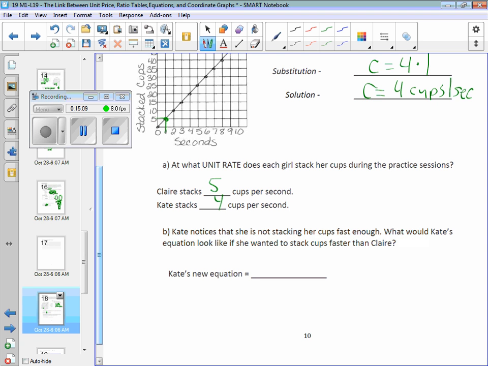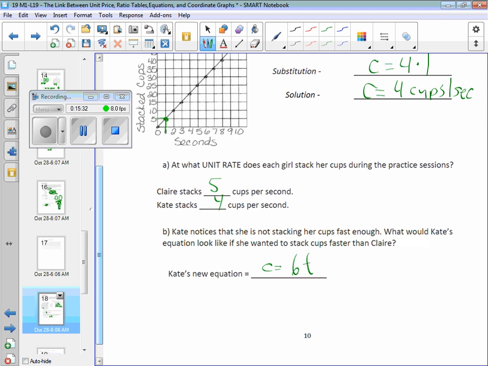So now they say, all right, well, if Kate wants to stack cups quicker than Claire, what must her equation be? At the very least. C equals. That would work. You could also do 7 or 8 or 9.